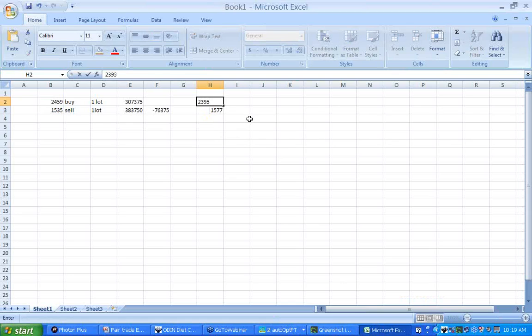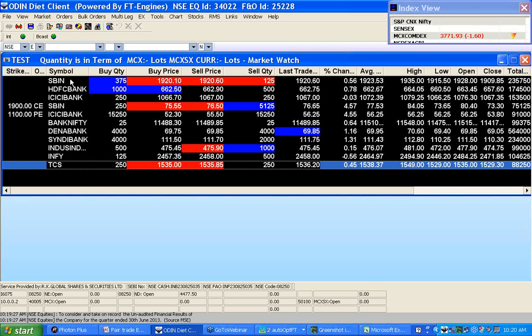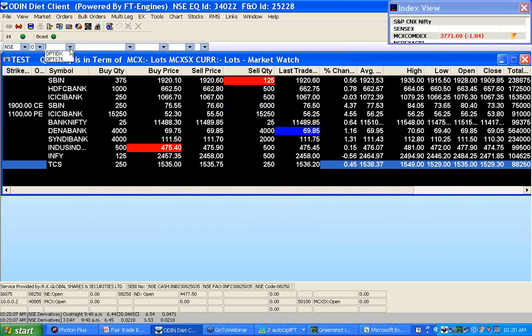So if I am a conservative trader, I can think of buying a put option of Infosys around the 2400 strike, and I can think of buying a call option with a strike around 1577. Let us see the TCS options.